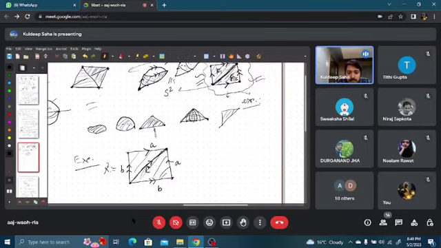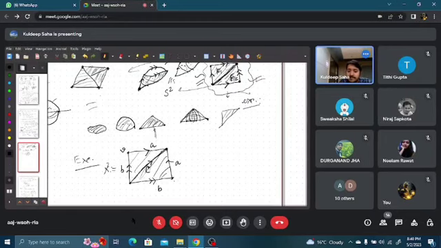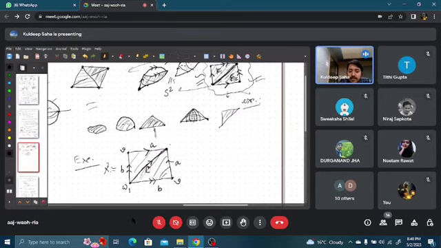Now note that I am gluing this side to this side. So if this vertex is V, then this vertex is also V. And these two vertices I will give different names, W1 and W2. And for the faces, let us give names F1 and F2.